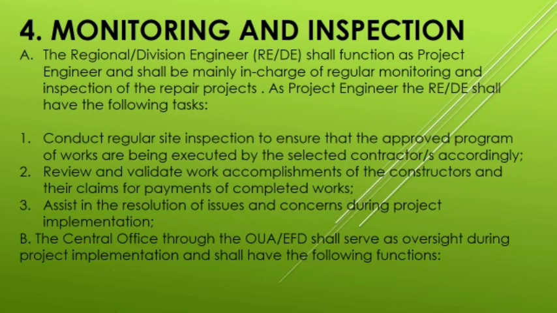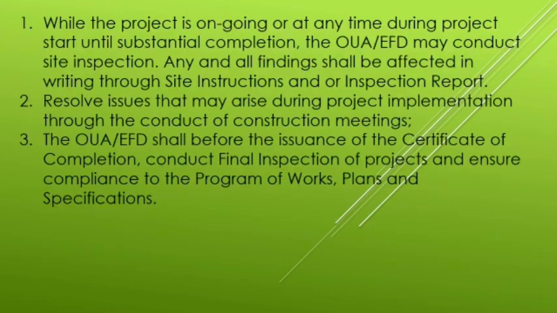Then B, the central office through the OUA or EFD shall serve as oversight during project implementation and shall have the following functions. So their first function is while the project is ongoing or at any time during project start until substantial completion, the OUA or the EFD may conduct site inspection.